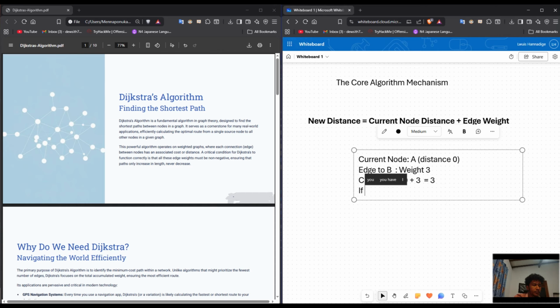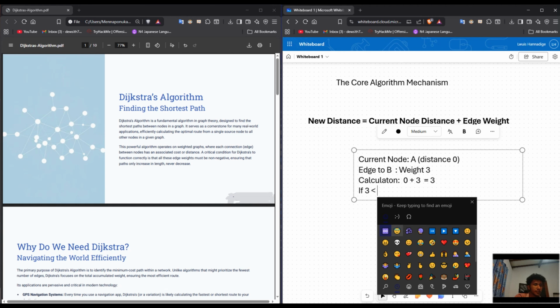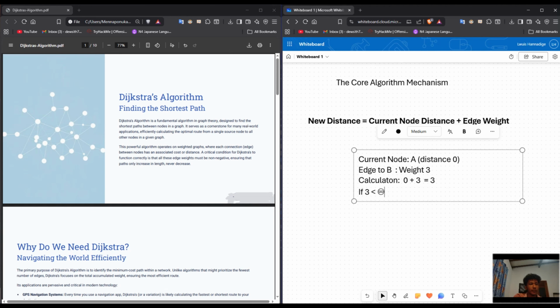If 3 is smaller than infinity, then we can update it as the distance to B. So like that we are doing the calculation.